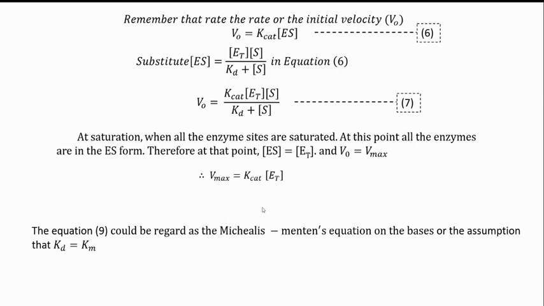So it means that Vmax is equal to K cat multiplying E total, because E total is equal to ES. So when we substitute that Vmax in our equation 7, we are left with VO equals Vmax multiplied by S all over KD plus S.